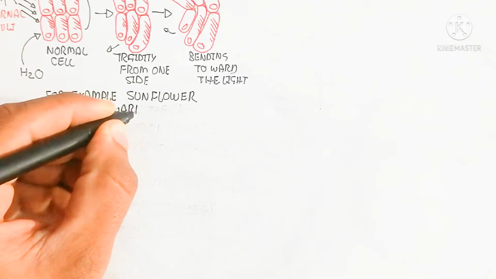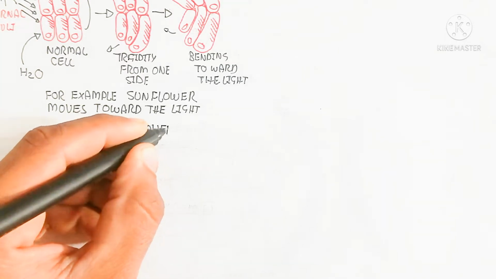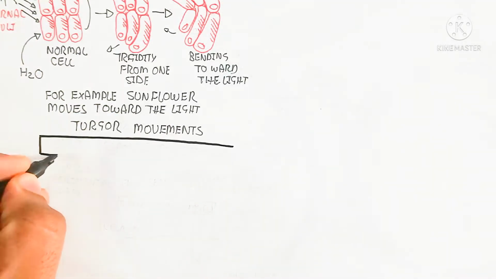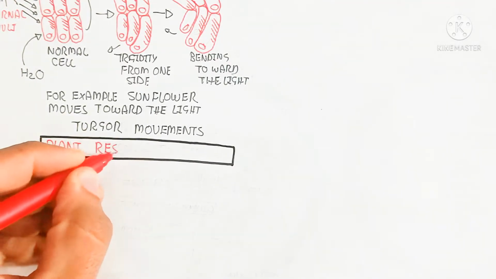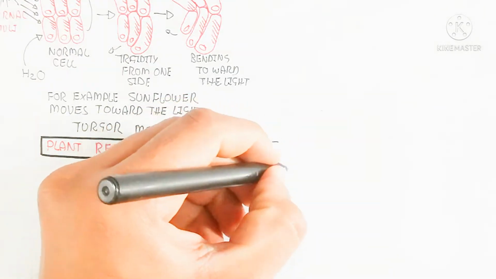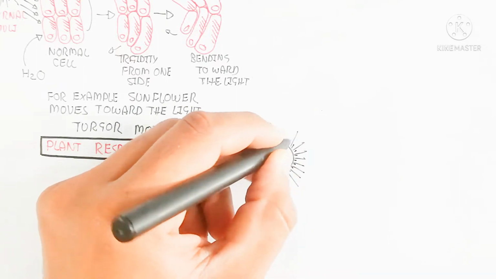One side of the cells will be less turgid, and the other side will be more. For example, the sunflower moving toward the light is known as the turgor movement, because it is the change of turgor pressure in the several different cells in the stem.